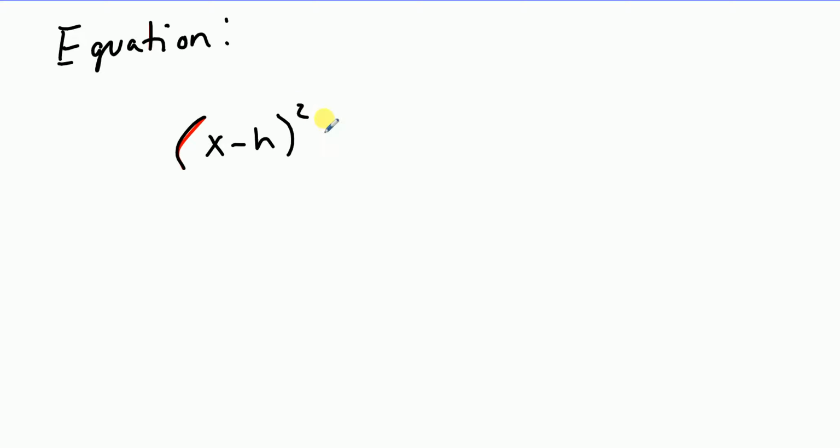Okay, if it's not at the origin, then we use this equation. Right, we use x minus h squared plus y minus k squared equals r squared, where again r is our radius.